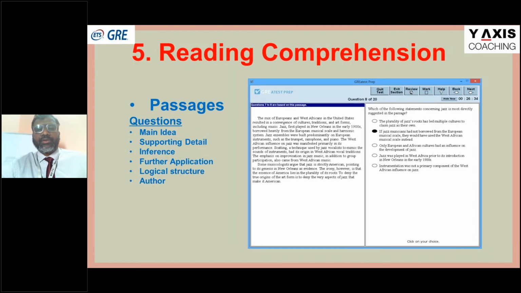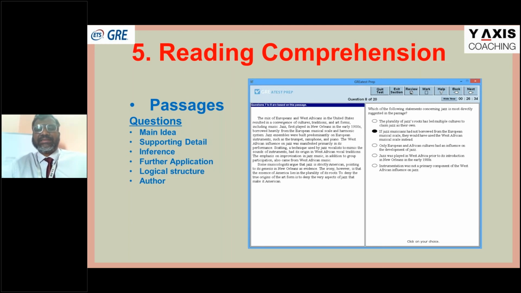And moving on to the passage-based questions. Out of 20, you have 10 fill-in-the-blank questions and 10 passage-based questions. These passage-based questions are about any of these things: main idea, supporting detail, inference, further application, logical structure, and author.